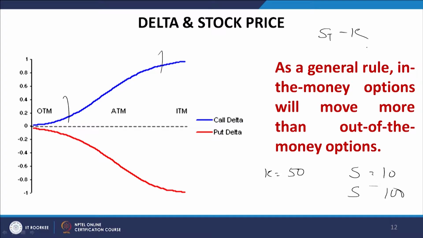The payoff of the option is given by ST minus K. So if you are sure of getting this payoff, a 1 unit increase in the stock price will also cause a 1 unit increase in the price of the call option, and therefore the delta in that situation would be 1, not because of the probability impact, but because of the impact on the payoff.